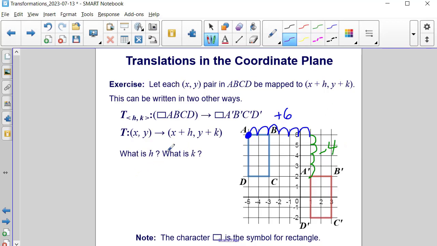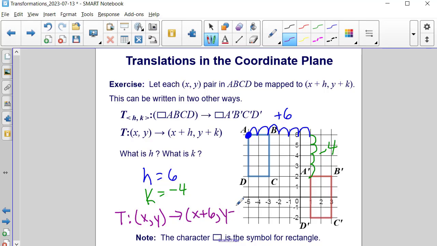Therefore, our h value is +6. Our k value is -4, because again, we had to travel downward. So this makes our translation go from x, comma y to x plus 6, y minus 4.